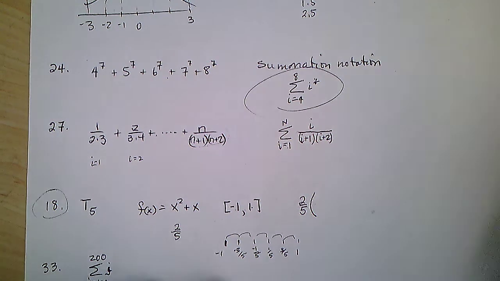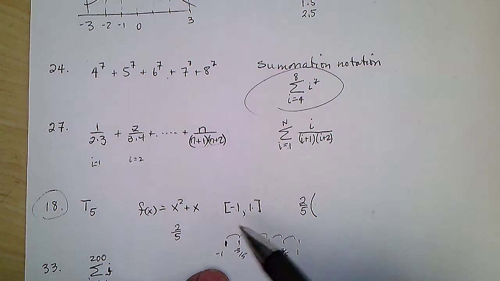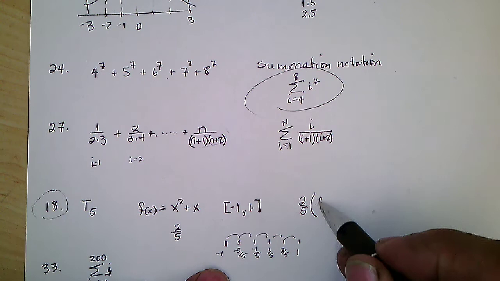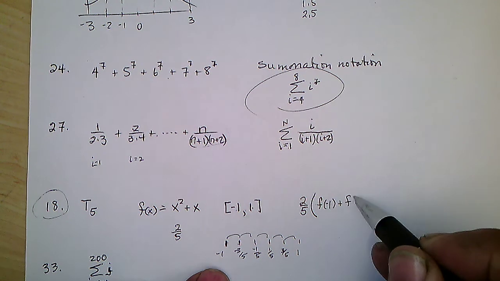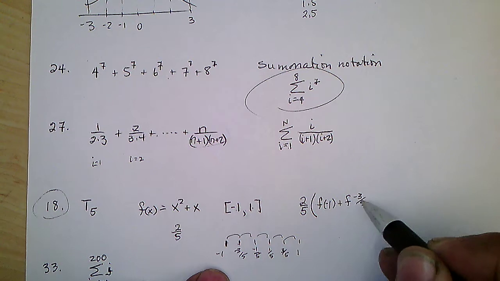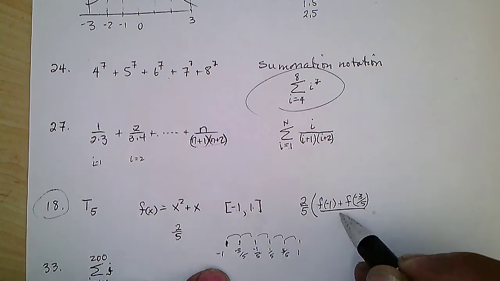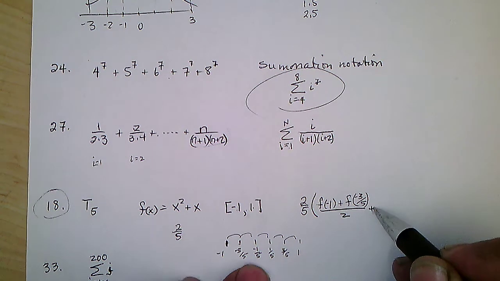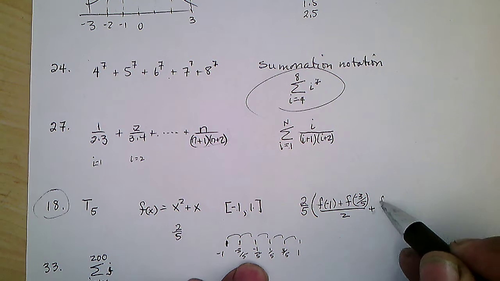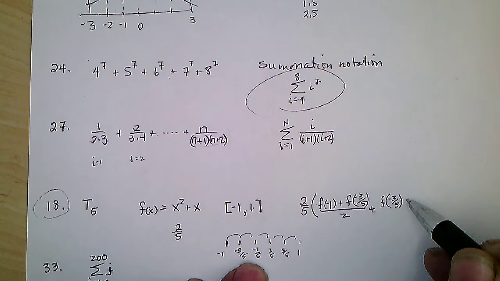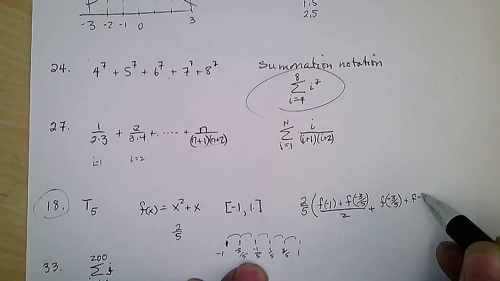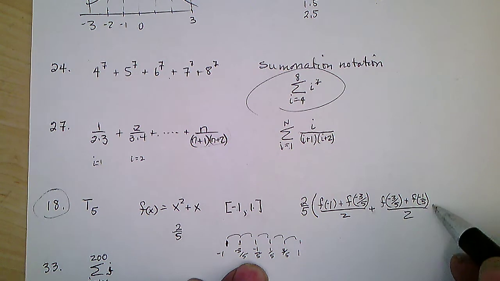And then for the trapezoidal rule, I want to take the average of the heights at each side here. So I'd have f of minus 1 plus f of minus 3/5 divided by 2. Then the next one would be f of minus 3/5 plus f of minus 1/5 divided by 2.